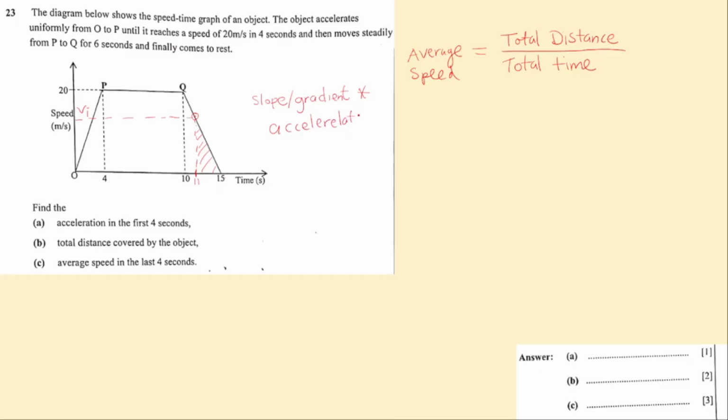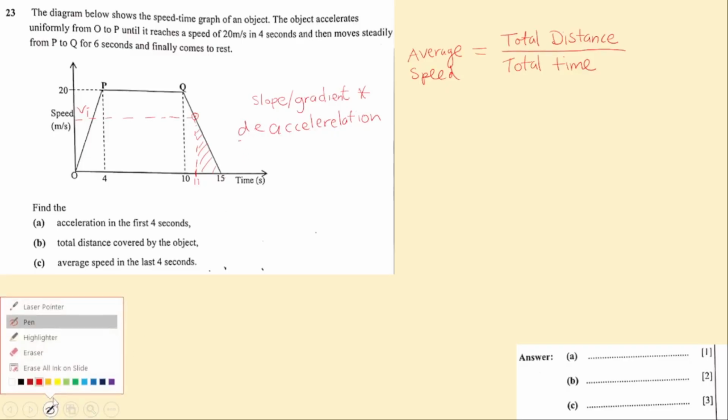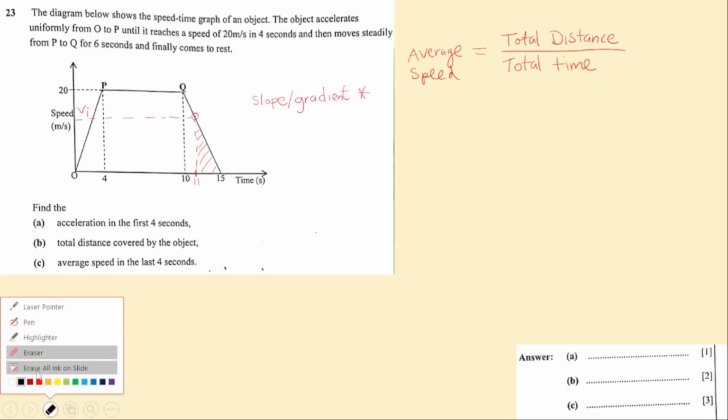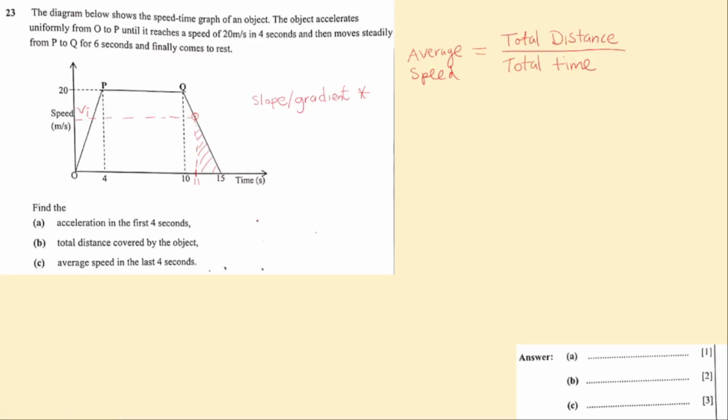Acceleration, or we can say deceleration. Mind my spelling. So we need to find the deceleration of that line. Once we find the deceleration of that line, everything will be smooth.